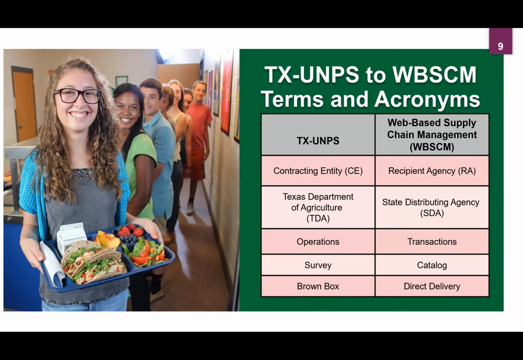Texas Department of Agriculture in TH1PS and web-based is going to be the state distributing agency. TH1PS, it was operations. WebSCM, it will be transactions. TH1PS survey, WebSCM catalog, and then TH1PS was brown box, and web-based supply chain management is going to be direct delivery. So those are the changes that we have looked at before.